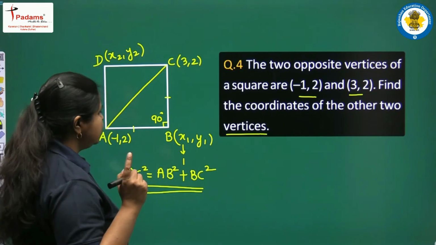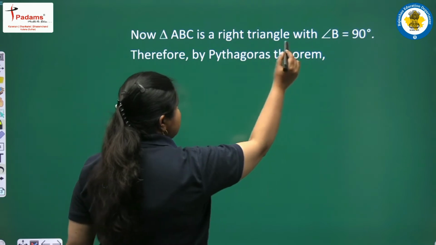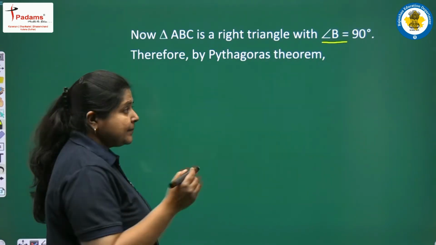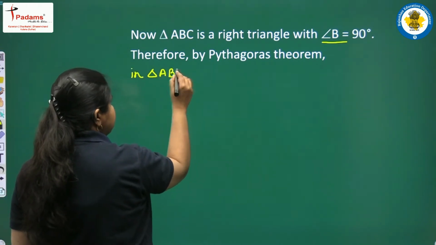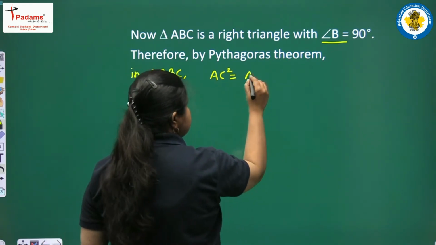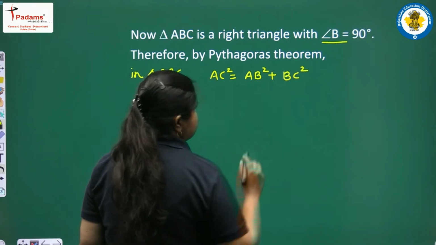So we begin here. Now triangle ABC is a right triangle with angle B equal to 90 degree. Therefore, by Pythagoras theorem in triangle ABC, we have AC square equal to AB square plus BC square. Got it?